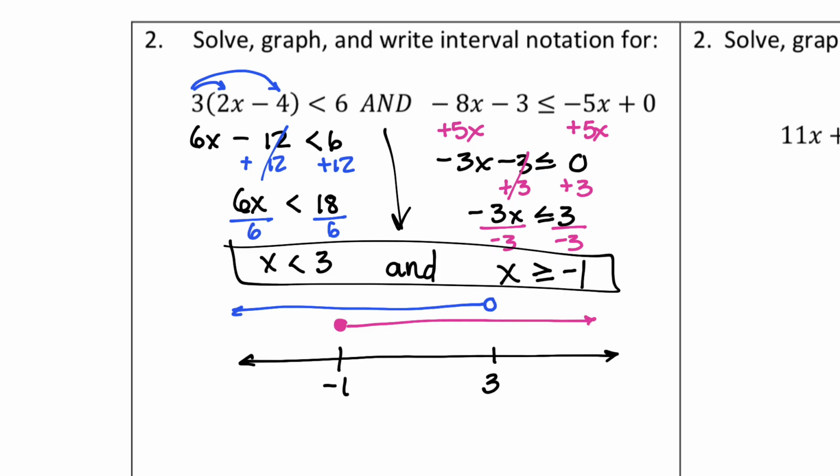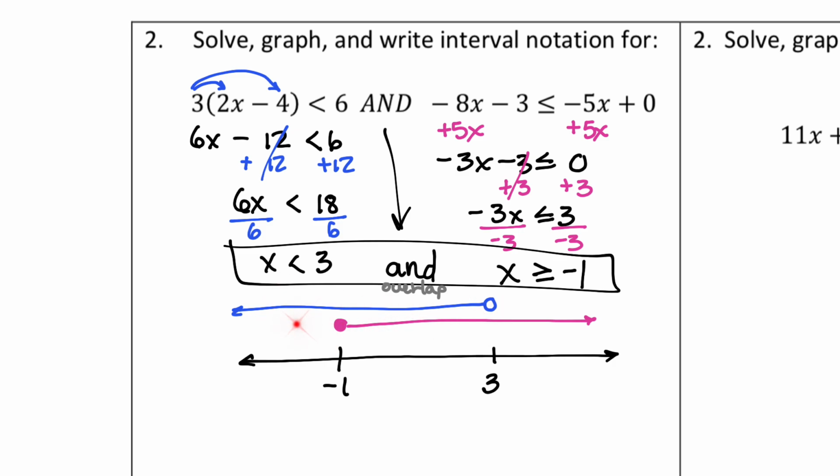And if you remember, "and" means overlap. Overlap. So where do the two of them overlap? It's going to be right in here. If I drop the blue line down on top of the pink line, that's where they're going to overlap, right here.